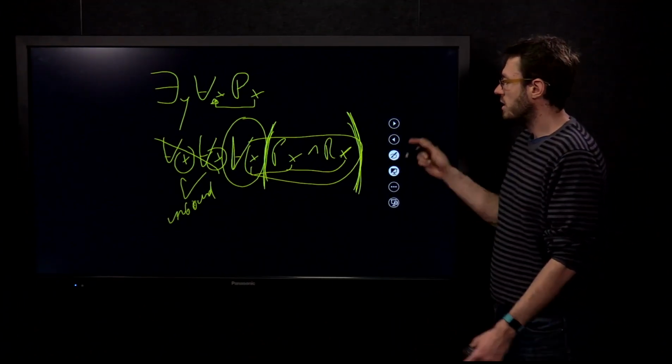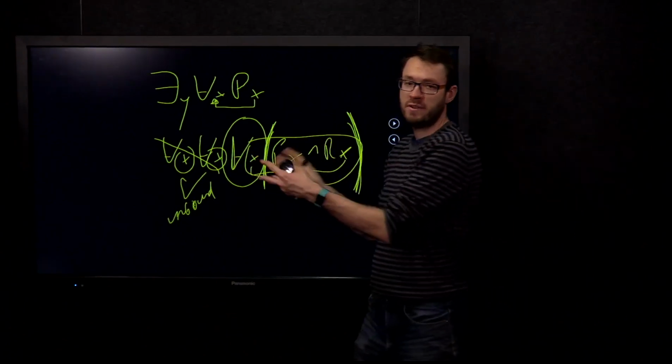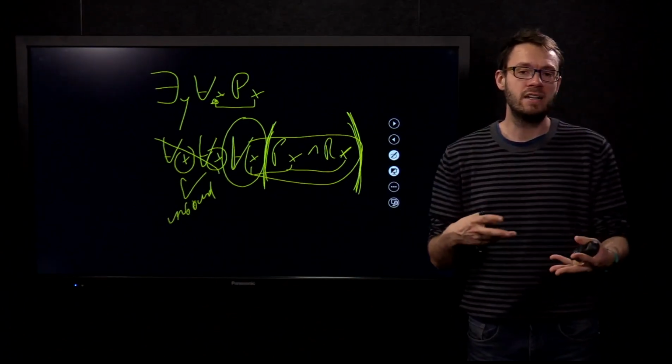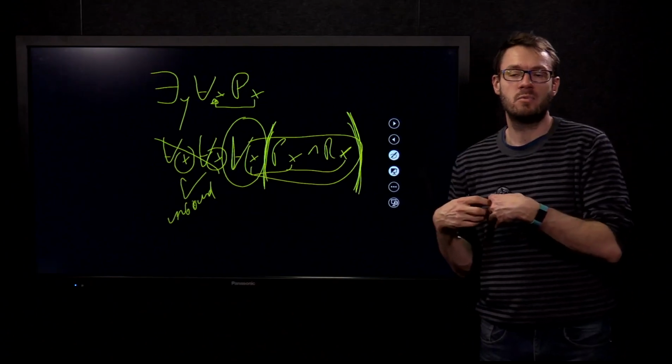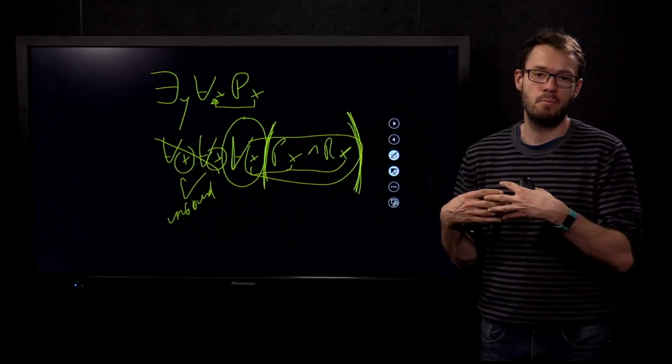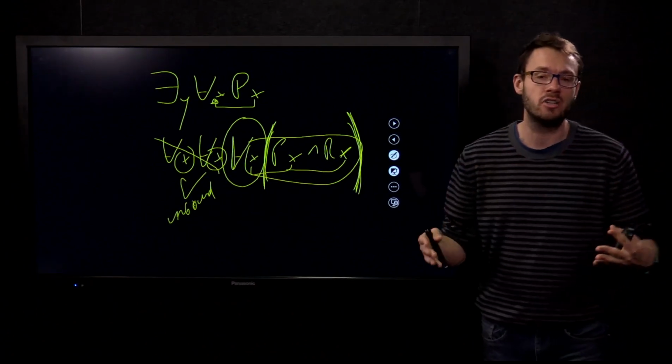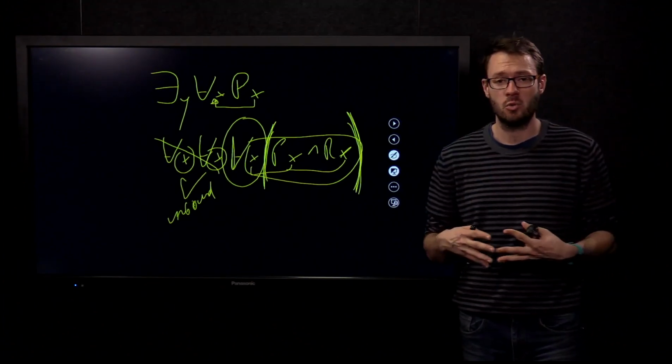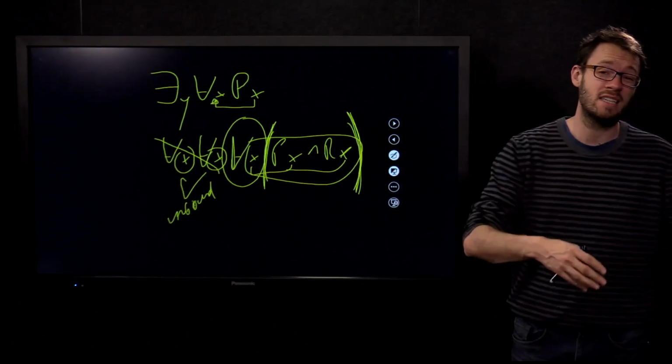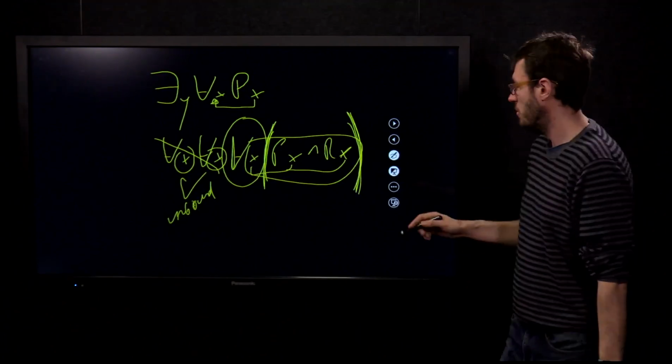What this means is that we can reuse the same variable repeatedly, because once the variable gets its binding soaked up by the first universal or first existential quantifier it meets, we can then reintroduce that same variable and it turns out to be a distinct variable. So have a look at this.